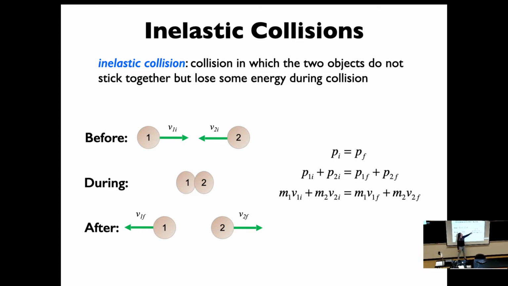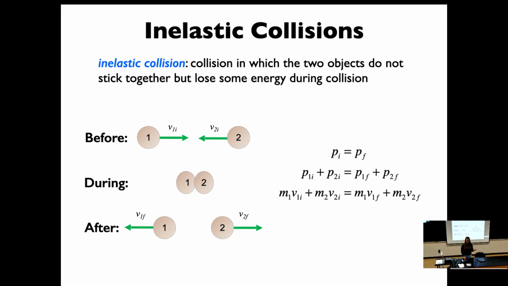Because we have two objects, you have the initial momentum of object 1 plus the initial momentum of object 2, each mass times velocity. Then your final situation is the final momentum of object 1 plus the final momentum of object 2. Remember, momentum is just mass times velocity. So this is the standard look to these conservation of momentum problems, okay?